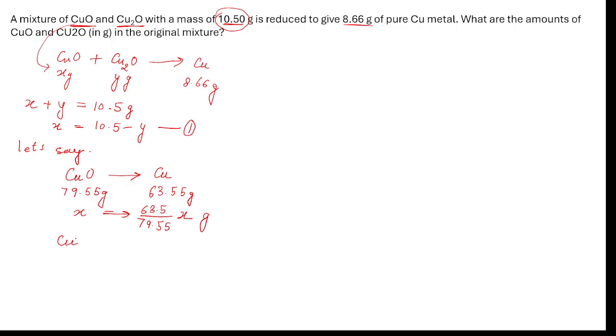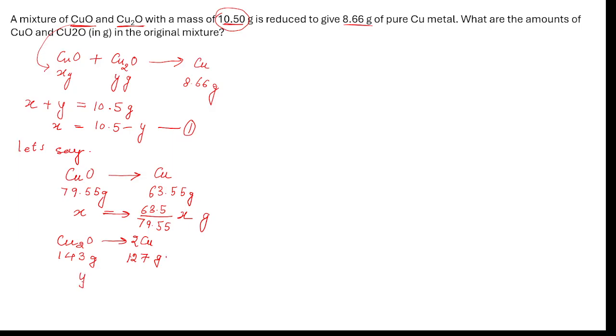Similarly, you can make this kind of reaction for cuprous oxide. Here its molar mass is 143 gram, and because we are getting two metal atoms, if we divide it, we will get 127 gram.